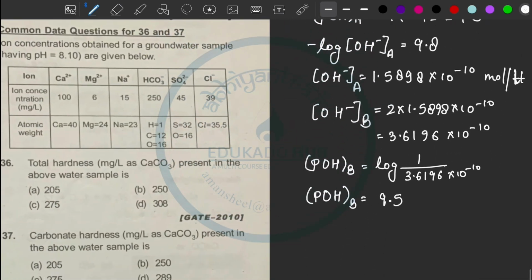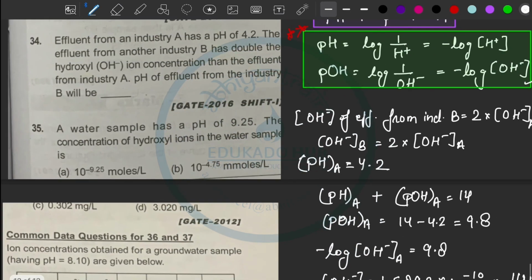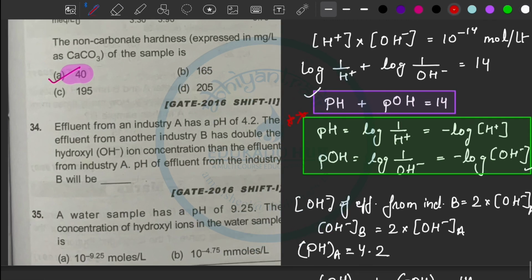Now we have pOH of B, so pH of B is nothing but 14 minus 9.5, that is 4.5. This is the answer. So I can simply put out the answer as 4.5.